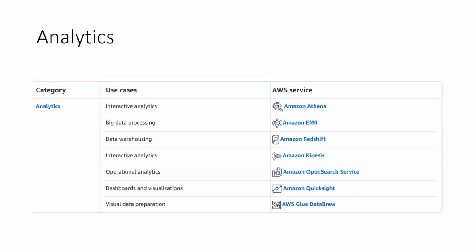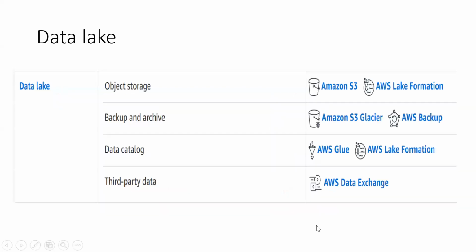They need to decide based on the prices as well as the data handling capability which services should be spun up. For data, we have S3 bucket, S3 Glacier, AWS Lake Formation, AWS Glue, all those important components available there.